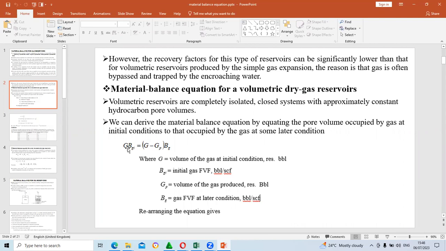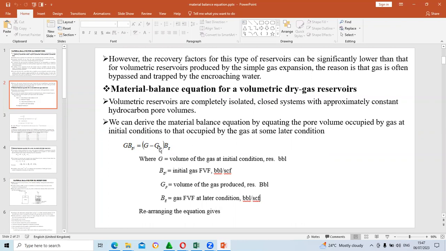The initial space occupied by the hydrocarbon is the same as the space occupied by the same hydrocarbon after production must have taken place. So we are saying G here stands for the volume of gas at initial reservoir condition. And then Gp is the volume of gas produced. So G minus Gp gives us the volume that is left after the production.